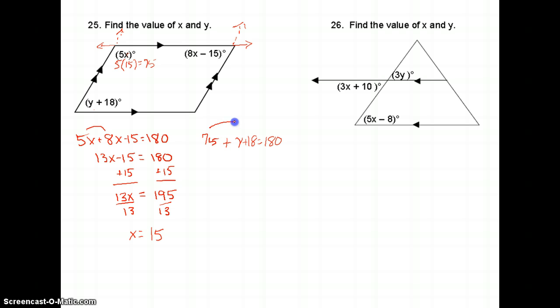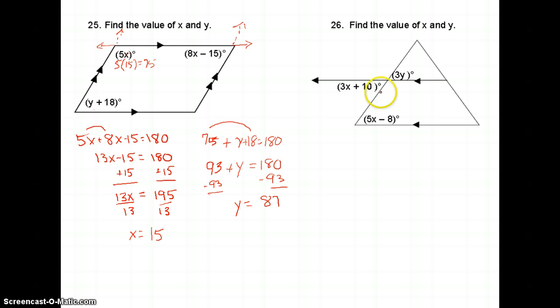So 75 plus 18 is 93. Okay, so I've got 93 plus y equals 180. I'll subtract 93 from both sides. That leaves me with y equals 87. Find the value of x, find the value of y, and I'm done.